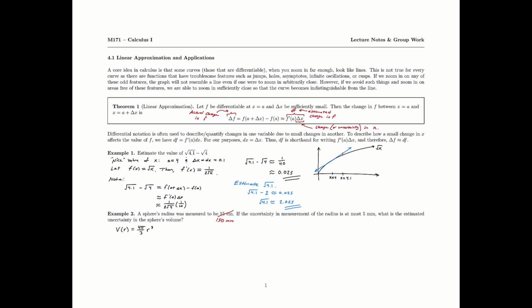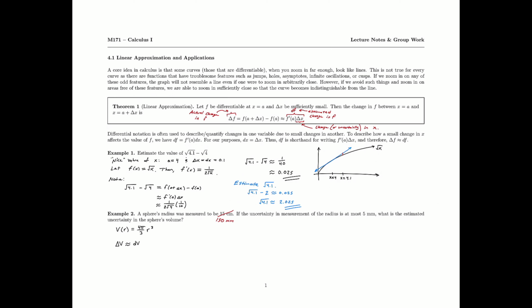So in other words, approximately, what is the error, what is the uncertainty in the sphere's volume? So the difference in volume, this is approximately equal to the differential based on what we have above.